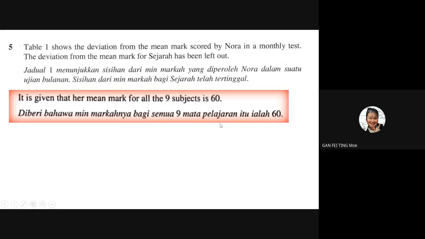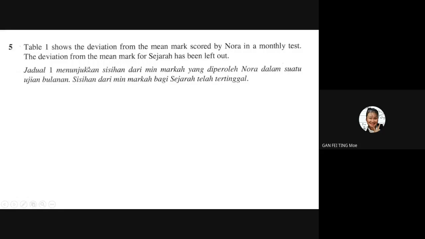Okay, now table 1 shows the division. Okay, di sini. Table 1 shows the deviation from the mean mark score by Nora in the monthly test. The deviation from the mean mark for sejarah has been left out. Okay, jadual ini menunjukkan sisihan dari mean markah yang diperoleh Nora dalam satu ujian bulanan. Sisihan dari mean, highlight perkataan ini. Sisihan dari mean mark.